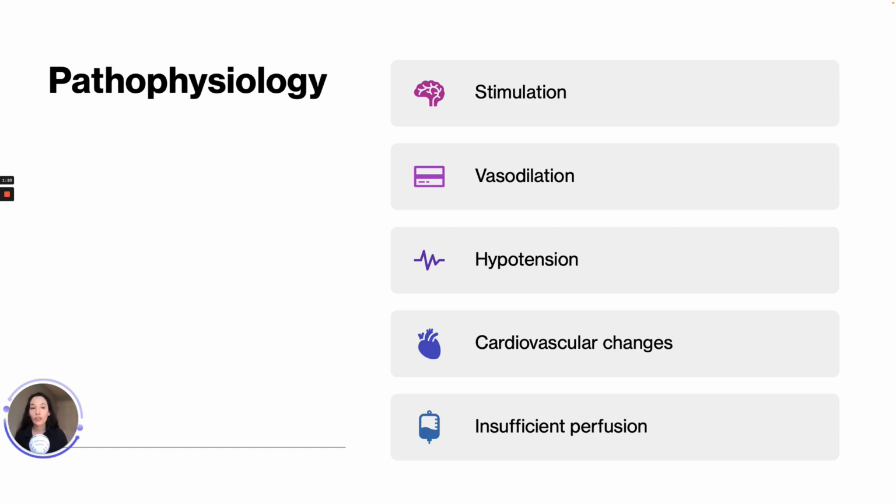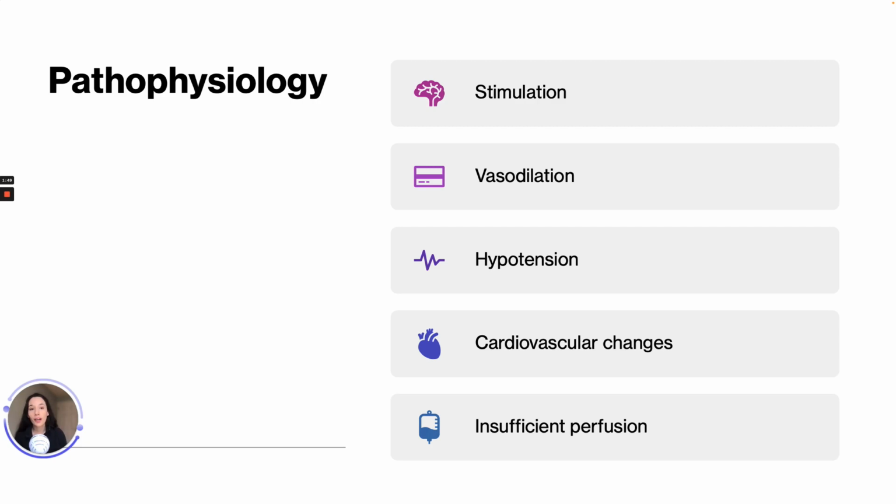When the patient experiences a predominantly parasympathetic stimulation, this causes vasodilation lasting for an extended period of time that leads to a hypovolemic state. So hypotension occurs because blood volume, although it is adequate, because of the vasodilation of our blood vessels, causes our blood pressure to drop and leads to a hypotensive state.